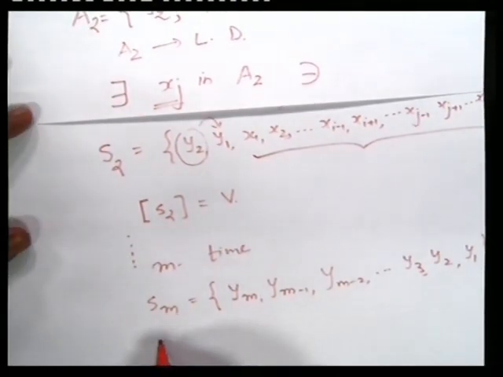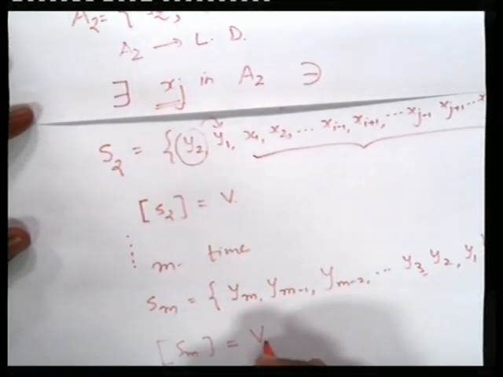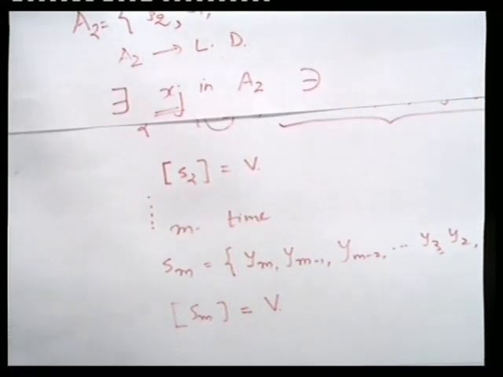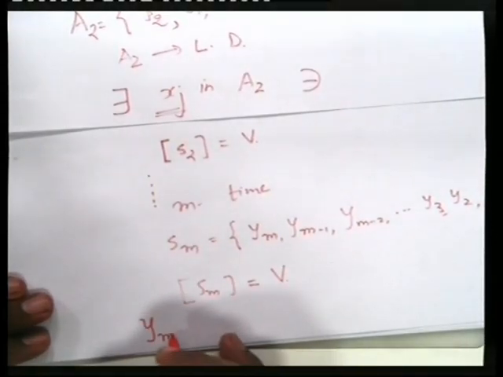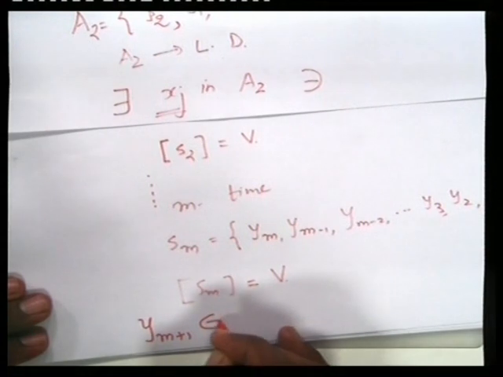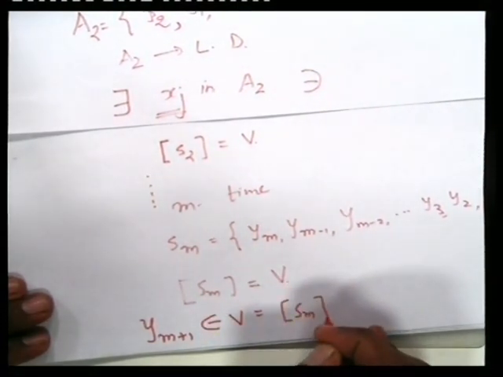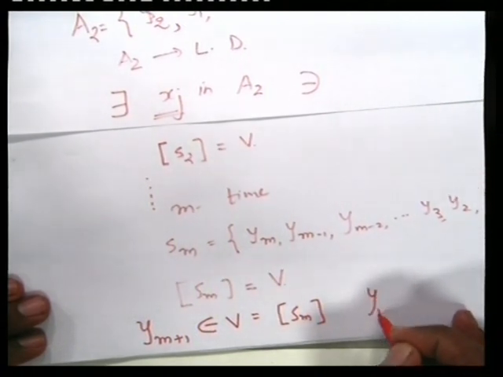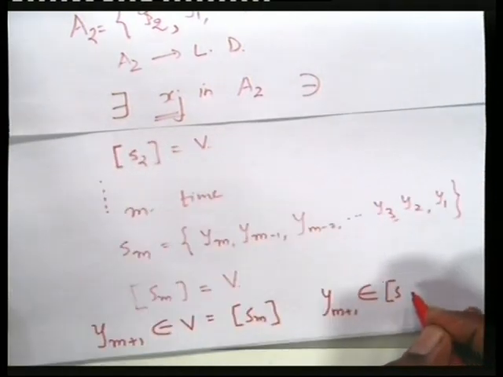And definitely this Sm will span V. So we say that this Sm is a basis for vector space V. Again, say ym plus 1 is any vector of V and V is equal to span of Sm. That means definitely ym plus 1 belongs to the span of Sm.